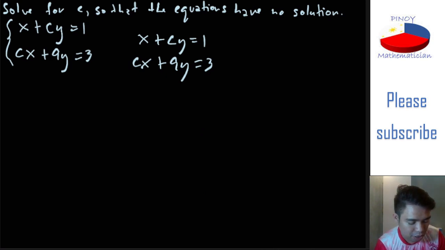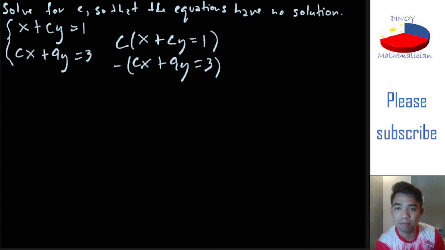So in that case, I'm going to multiply this equation by c and the other by negative c, so that if you combine them, the cx is gone or can be cancelled.